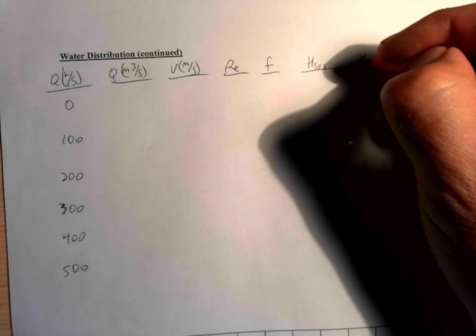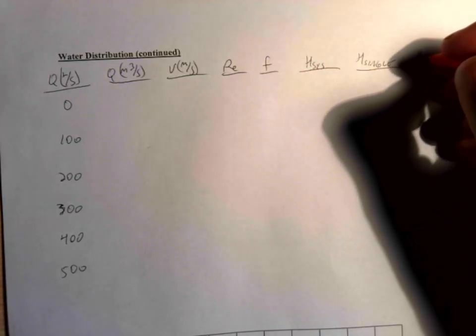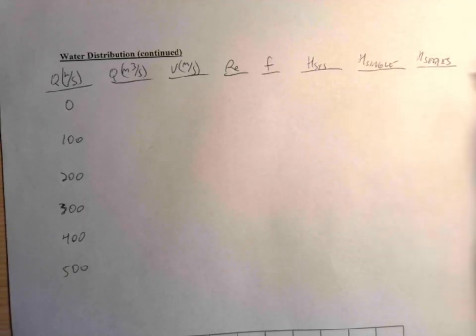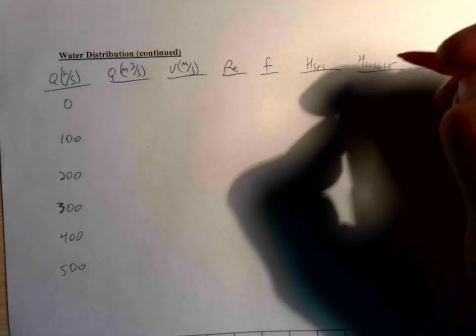So H from, I'll call it H single, and then H series, from the last page. Okay, so we can go ahead and write these in because we already know them.